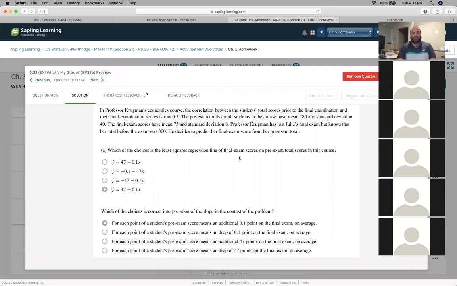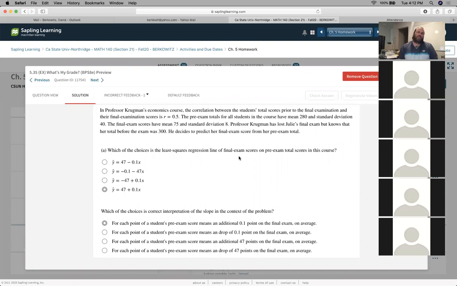Well, the only way you can predict it is once you have the best fit line. In this particular example, we're not using the data itself to come up with the best fit line, but rather we are using the formulas involving X bar, S sub X, Y bar, S sub Y, and R. And they were in the PowerPoints.